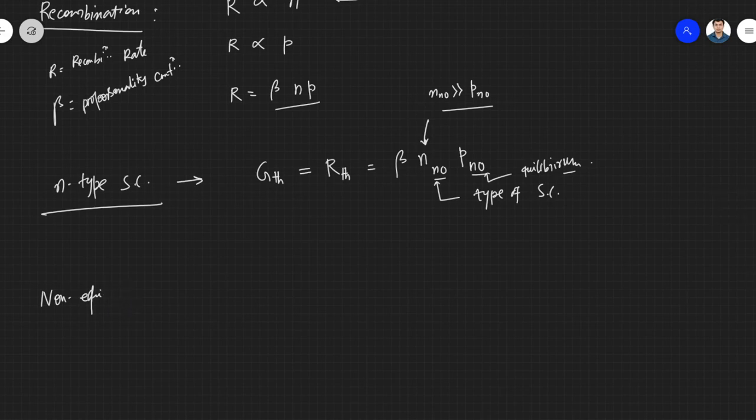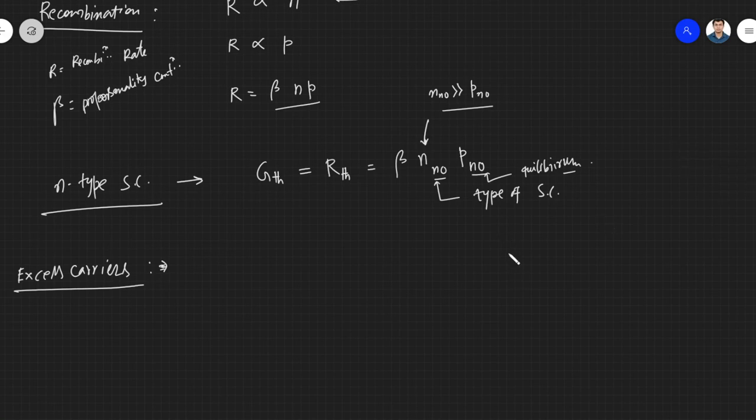We'll take a condition where there is some carrier injection, or what we call excess carriers. When there are excess carriers, we'll see how the recombination and generation rates are correlated.